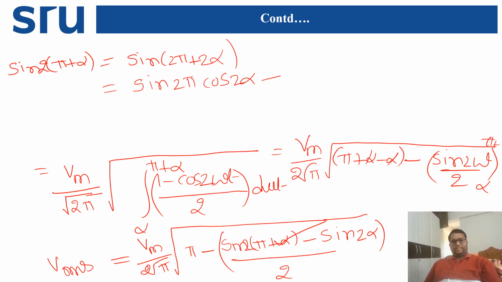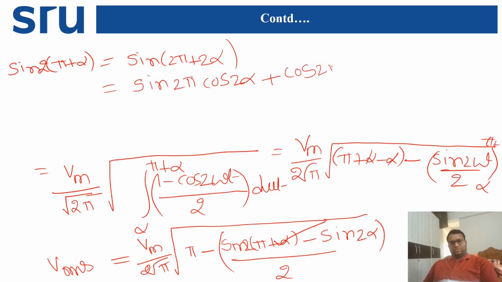Or otherwise we can write it like this: sine 2 theta plus sine 2 pi plus theta. How can we write this? Sine 2 pi plus theta is cos 2 theta, we can write directly. Otherwise you can go through sine a plus b also. Here we take sine a cos b plus cos a sine b.